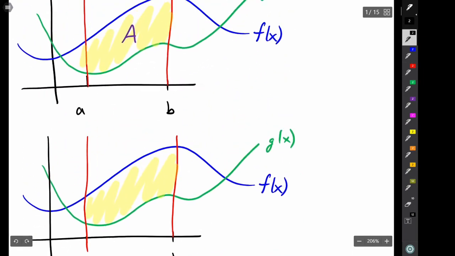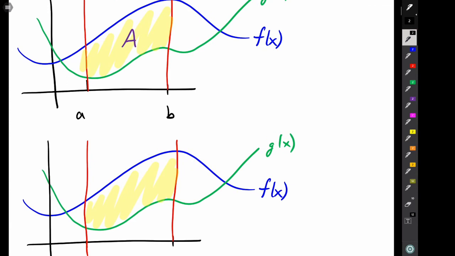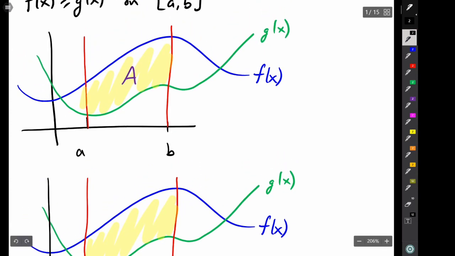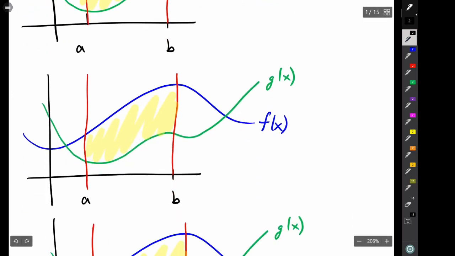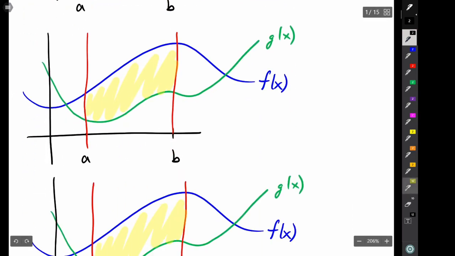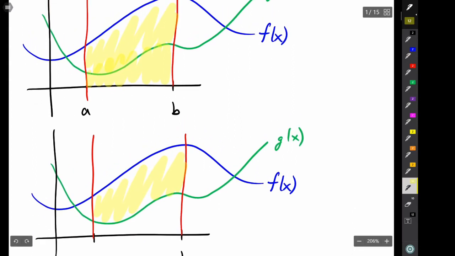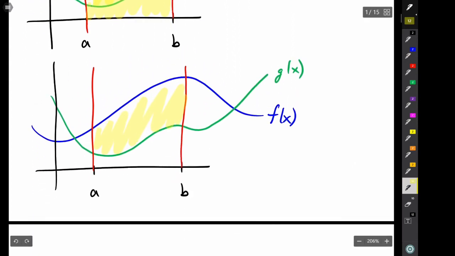Okay, sorry about that. All right, so how can we compute this area A? Well, we can compute the area underneath everything, underneath the blue curve, so that whole area there, and then subtract this extra bit.